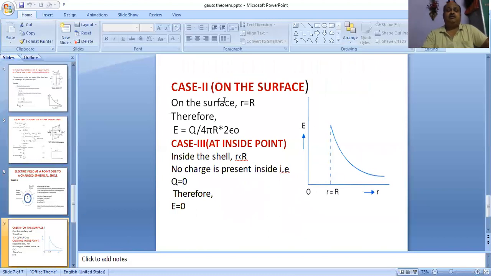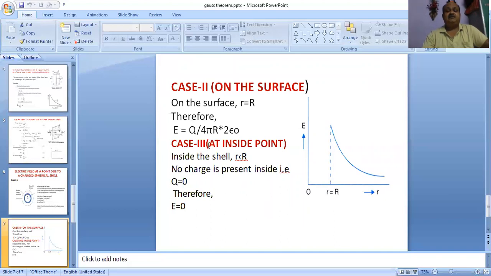Now case 2 is on the surface. On the surface, small r equals capital R. Therefore, E equals Q by 4 pi epsilon naught R square. Here you can express this expression in terms of sigma if you want.